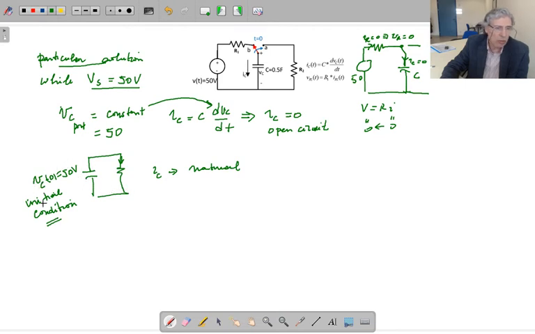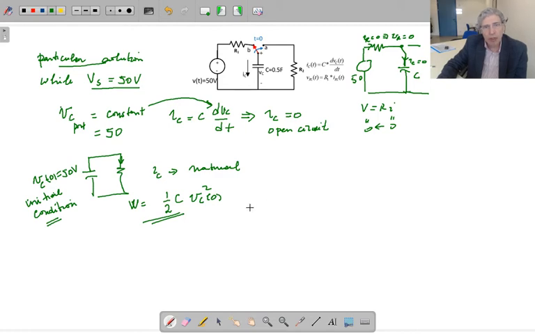The only energy source is coming from that initial condition. That energy is 1 over 2 C VC(0) squared. That's the energy. So we are using that energy. I know that this energy is going to disappear after a few seconds. So you're going to observe all that in the lab.